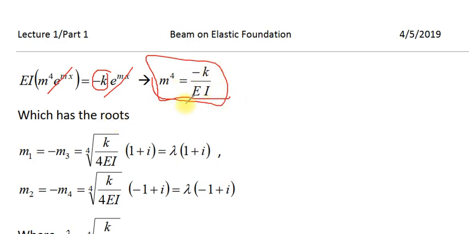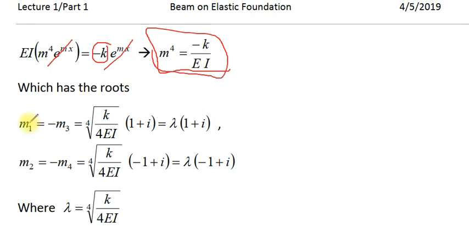The roots of this equation will be m1 equal to minus m3, since the power is even, and m2 equal to minus m4. Because minus k over EI has negative sign, the root will involve 1 plus i imaginary.